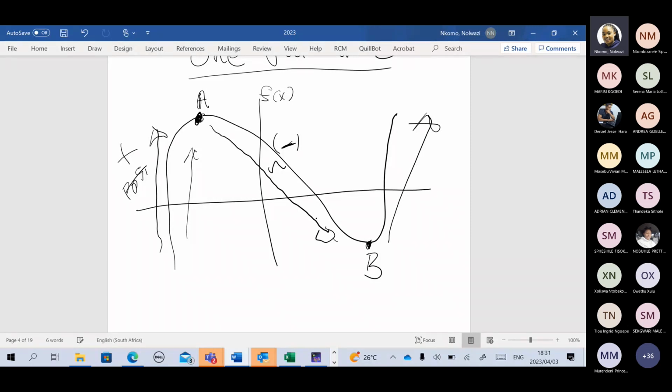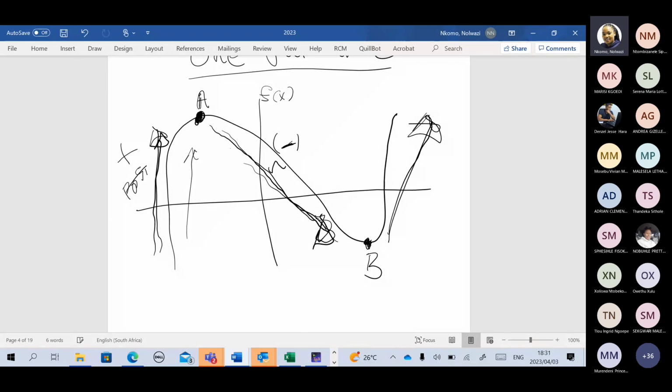If our graph changes from positive to negative, we call that stationary point a maximum point. And if the slope changes from negative to positive, we call that point a minimum point, right? Okay.